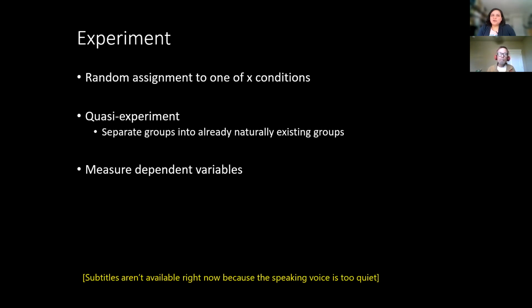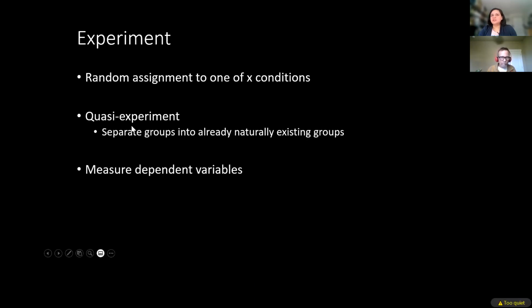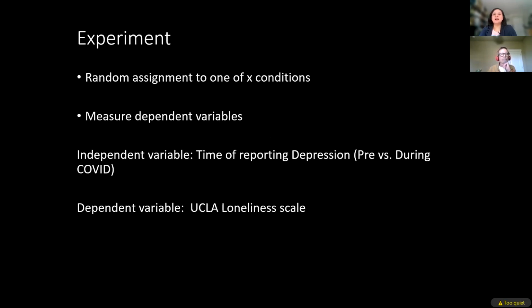It wouldn't be ethical for her to randomly assign people to be introverts or extroverts. So what she can do is get people that are already pre-existing within those groups. That's why it's a quasi-experiment. And again, after she separates these groups, then she can measure her dependent variable. Cool. Does that make sense, Alacia, for your experiment? Yes. Okay, great. So those are already pre-existing groups. You don't have to randomly assign, but that's fine for this class.